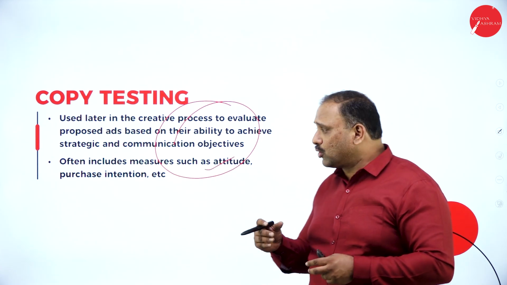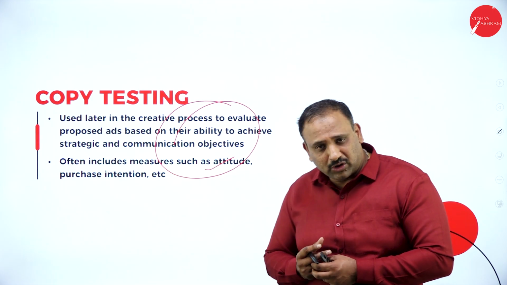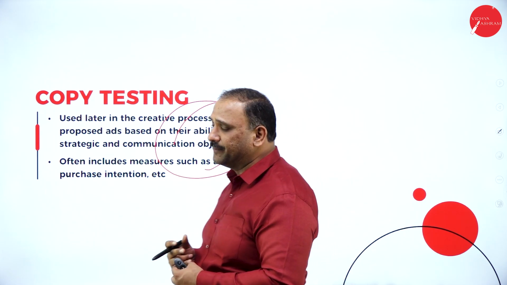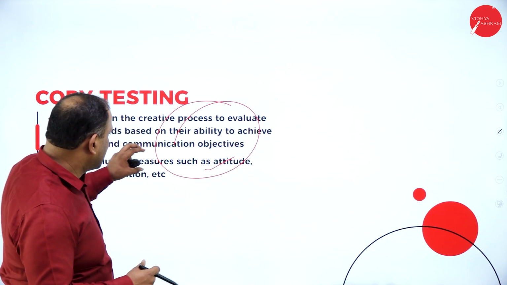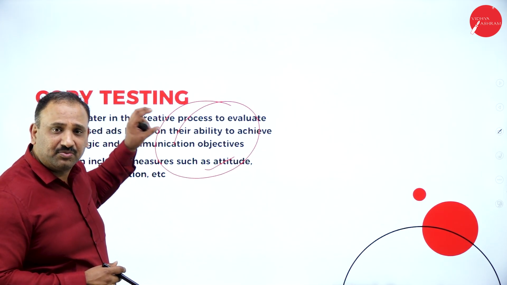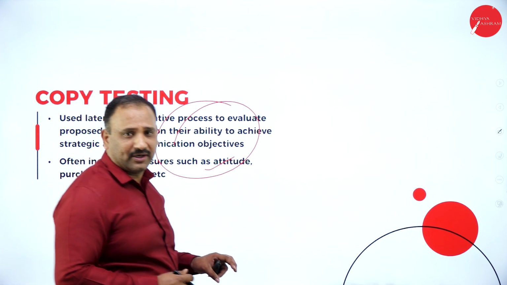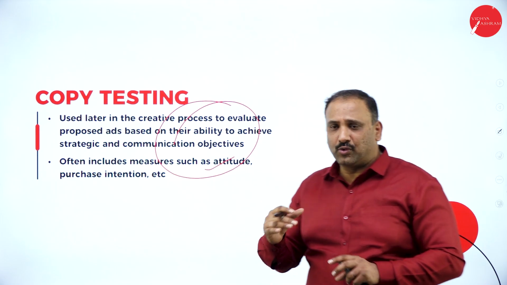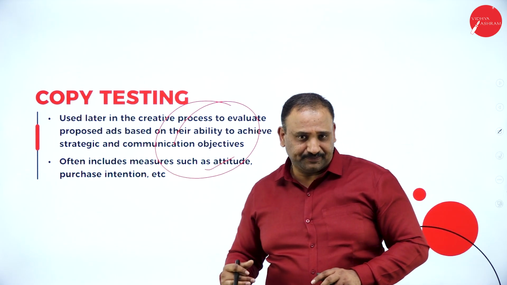So, whenever we are talking about this process, this evaluation purpose altogether, it's based on the same strategic communication objectives. That's very, very important for all of us to understand here, because that is where you are going to go through the entire factor.